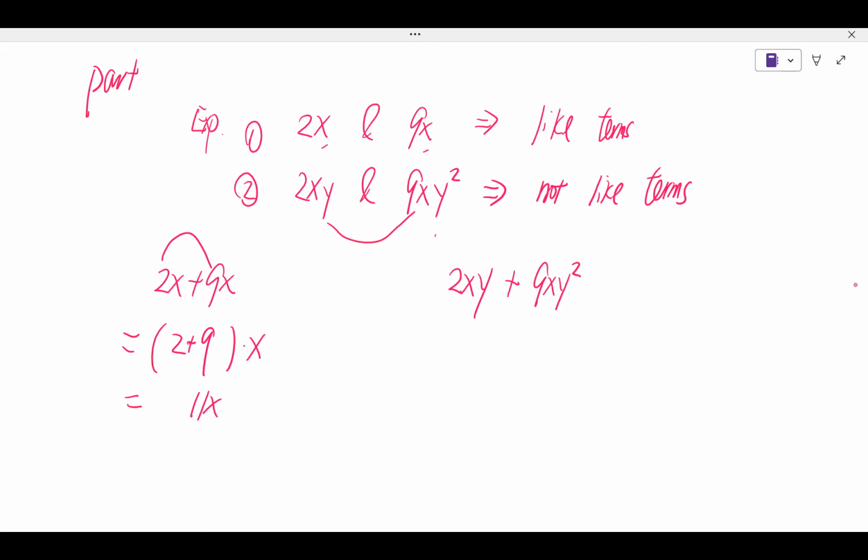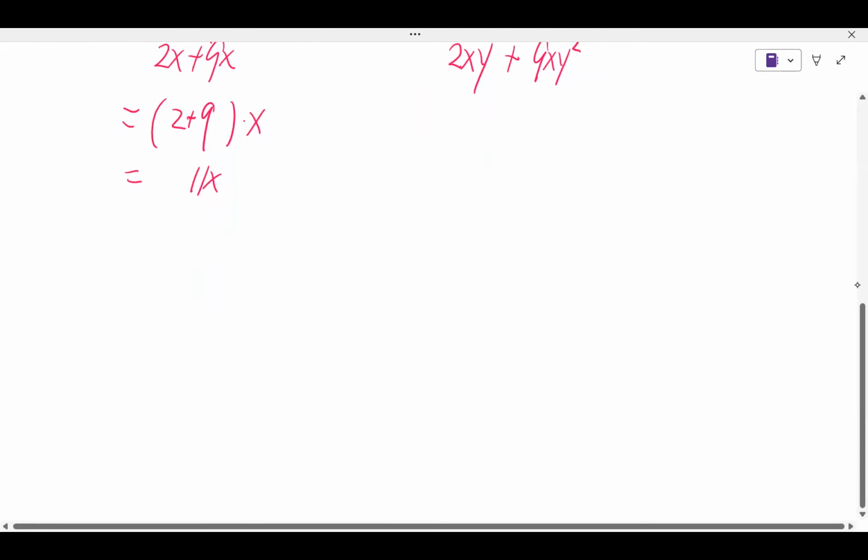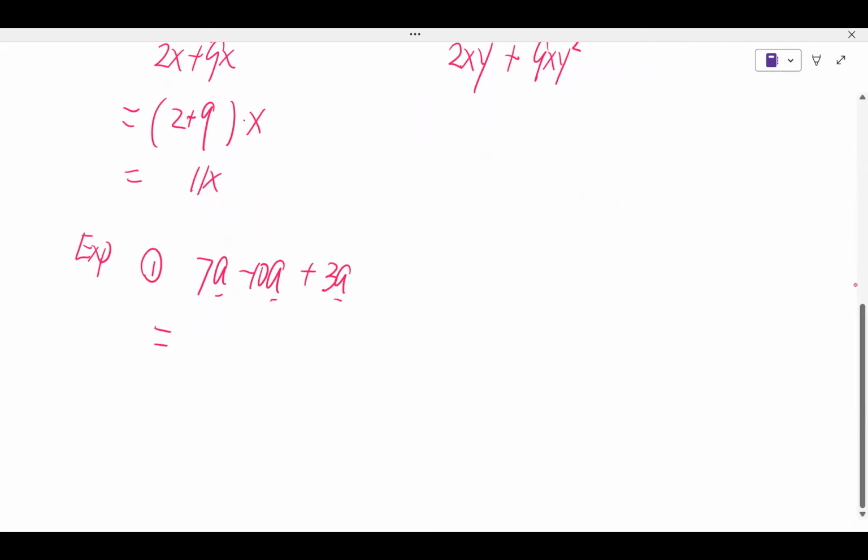Next, I'm going to show you how to simplify like terms. Let's say we want to do 7a minus 10a adding 3a. When we combine like terms, they all have the variable a with the same power, so you can factor out a.